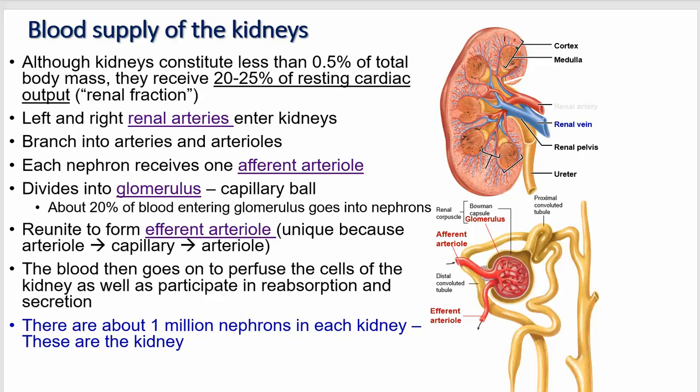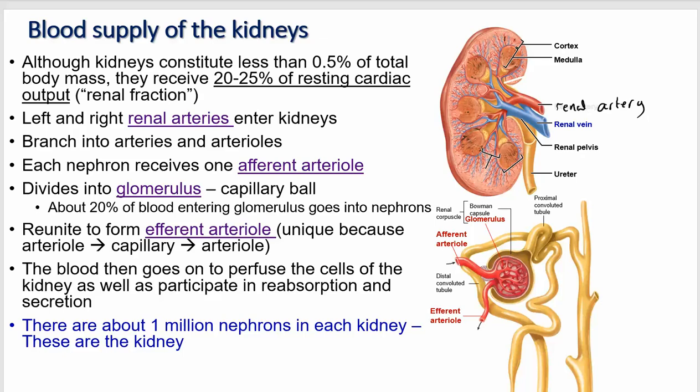So you've got the left and right. And we're going to say this so many times, but this is the first time I'm saying it here: blood, after it branches from the renal artery, branches into an arteriole. So that's pretty common. We're used to that. Arteries branch off and become smaller, and they turn into arterioles.